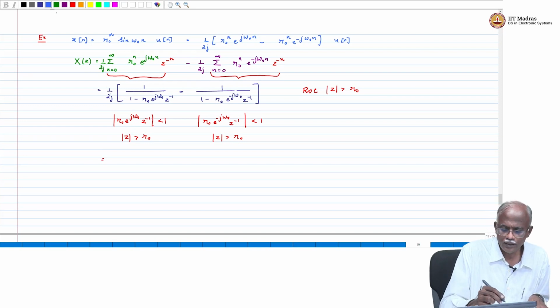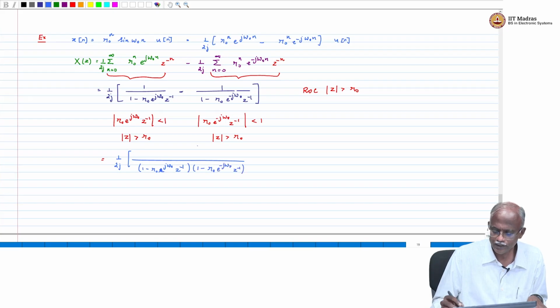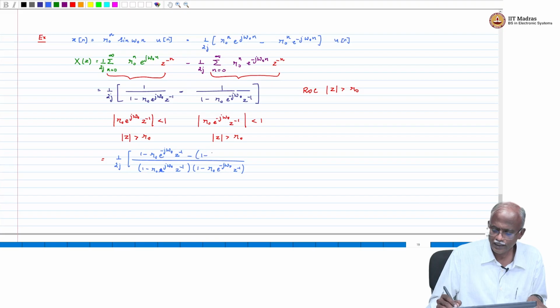So you can do the following: 1 by 2j, take the common product, 1 minus r naught e power j omega naught z inverse multiplied by 1 minus r naught e power minus j omega naught z inverse, and then in the numerator it will be 1 minus r naught e power minus j omega naught z inverse with a minus sign 1 minus r naught e power plus j omega naught z inverse.